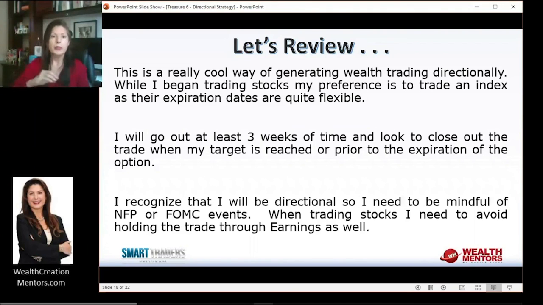I mean, with the FOMC, it seems as though the stock follows the trend of the non-farm payroll event. Not always, but it can. FOMC, total toss of the dice. Now, when trading stocks, remember to avoid holding them through the earnings announcement. That will be a disaster, a potential disaster, and that would be an understatement.